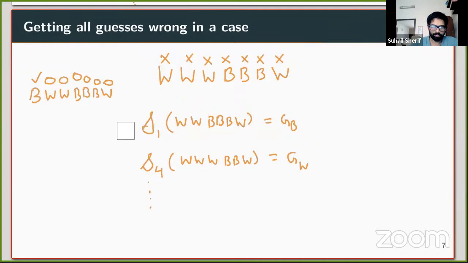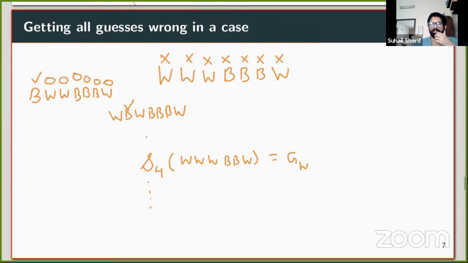So let's just make some space. So similarly, if you had seen the case white, black, white, black, black, black, white, player 2 will guess correctly here, and nobody else will guess in this case.